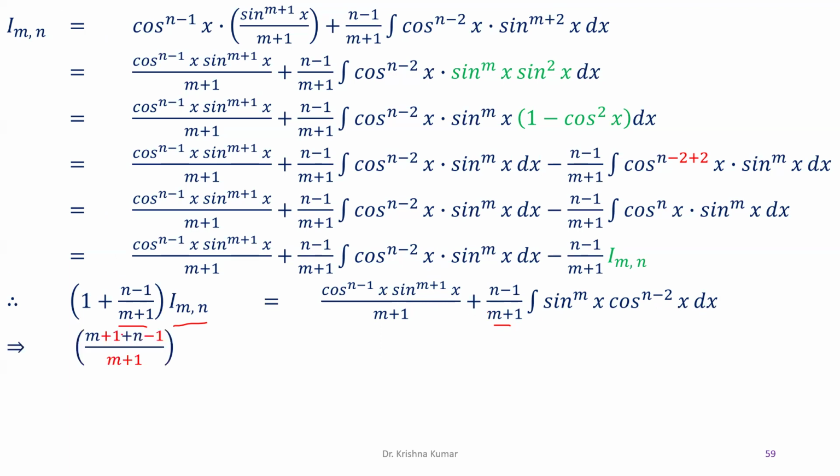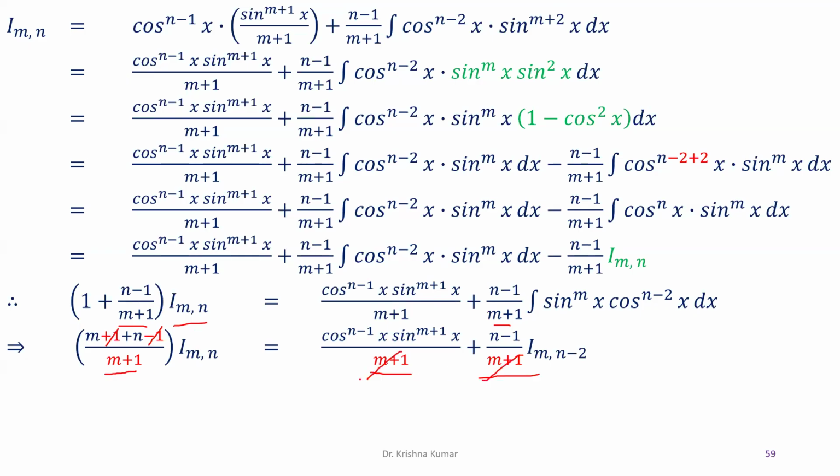Now if we take the LCM of this part, so this is m plus 1 plus n minus 1, so plus 1 minus 1 will cancel. This m upon m plus 1, this m plus 1, m plus 1 will cancel. So if we divide the whole equation by m plus 1, we have m plus n into Imn, which is equal to cos to the power n minus 1 x into sine to the power m plus 1 x plus n minus 1 into Imn minus 2.